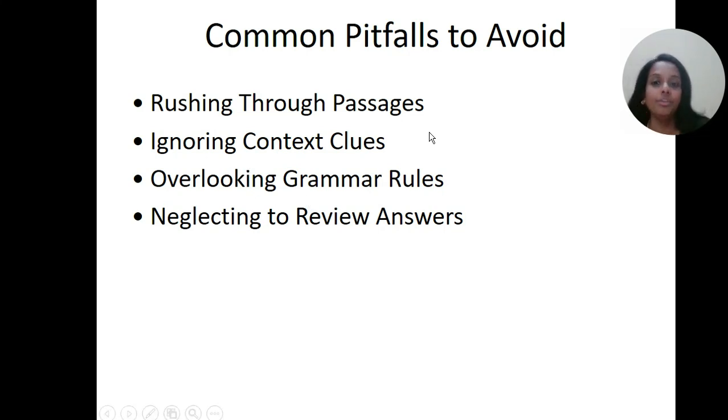And overlooking grammar rules. You have to ensure your selections fit grammatically within the sentence. Okay, and neglecting to review answers. Yeah, many of us do it, right? We just avoid reviewing our answers. Please don't do that. Always double check your response for accuracy.